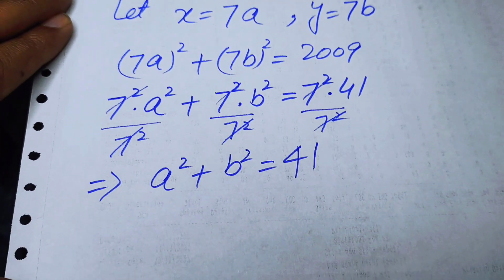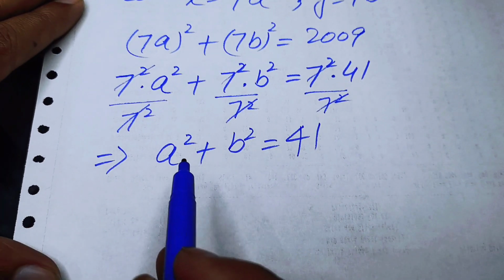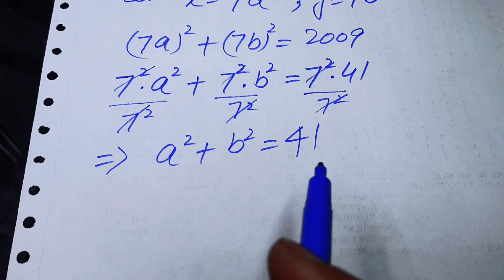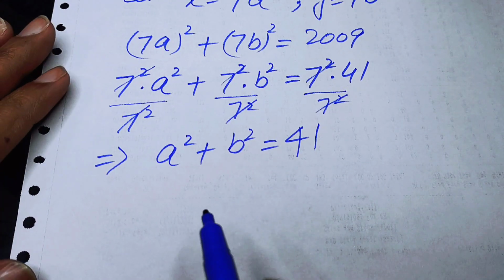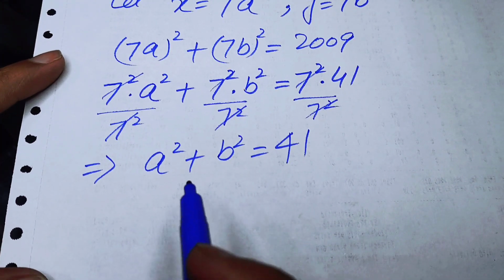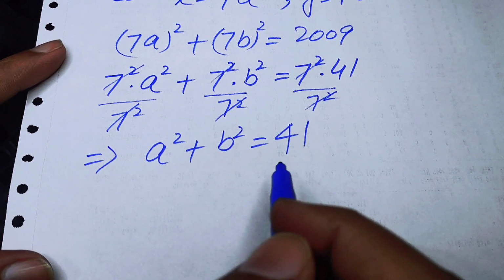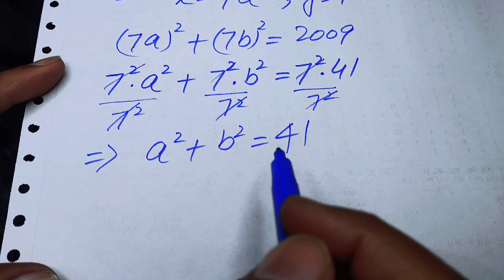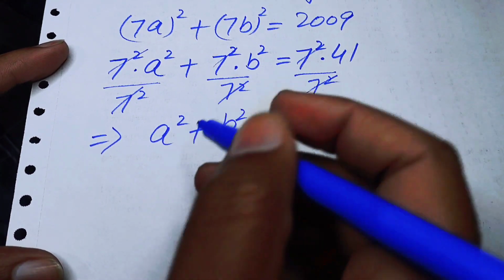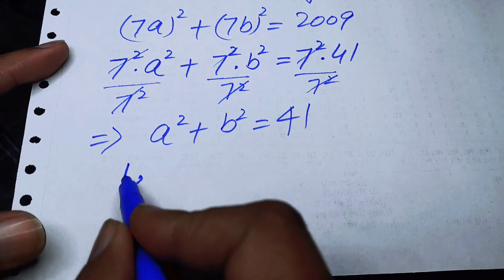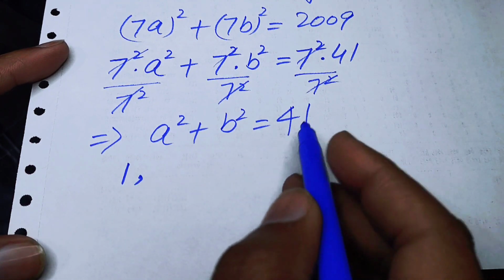Now students, you just see that here we have two squares whose sum is 41. So you first find some numbers whose square is less than 41. If I check 1, the square of 1 is 1, which is less than 41.